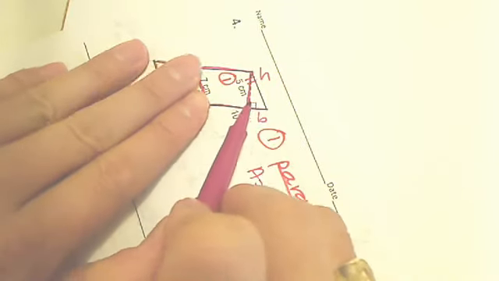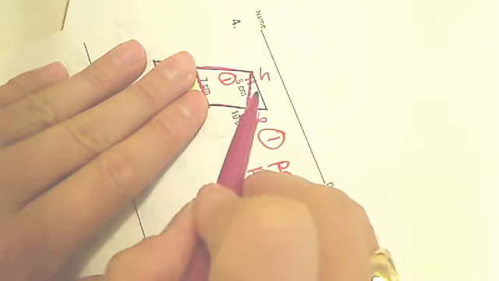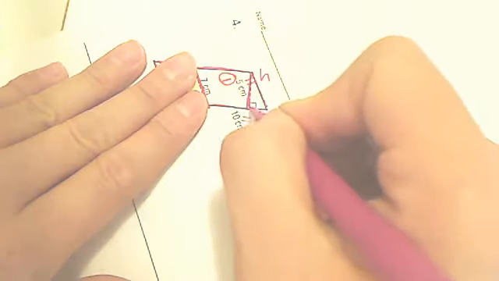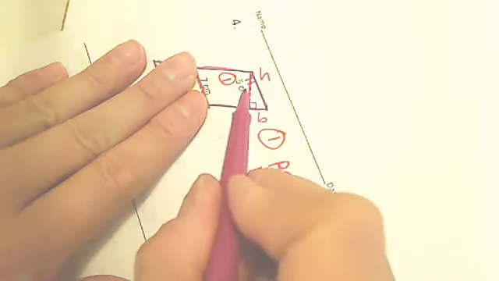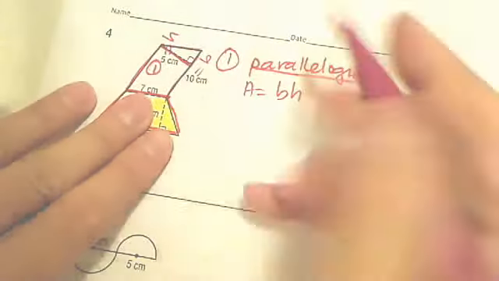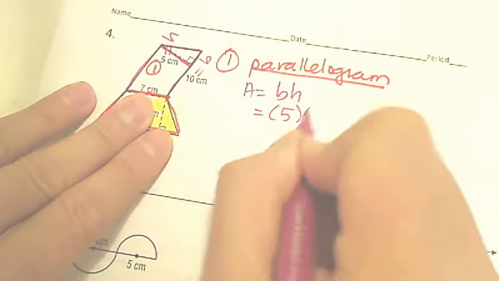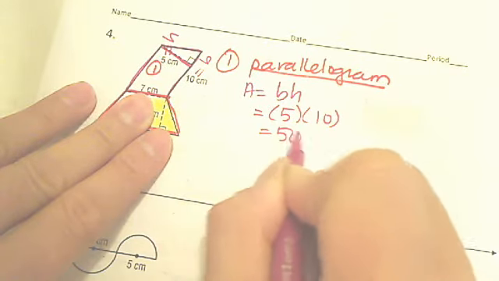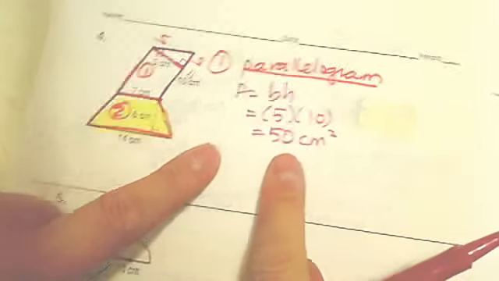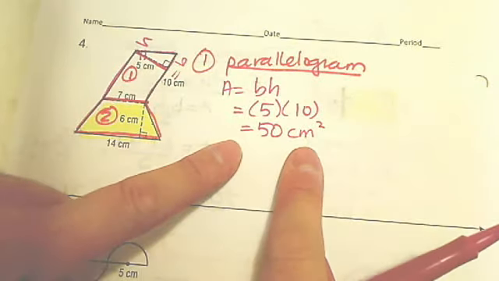This triangle doesn't count as part of it; this is one whole shape. It's a little misleading here, but make your brain think beyond. So the 5 is the height, the 10 is the base. I multiply 5 and 10 and get 50. So the area for the parallelogram is 50 centimeters squared.